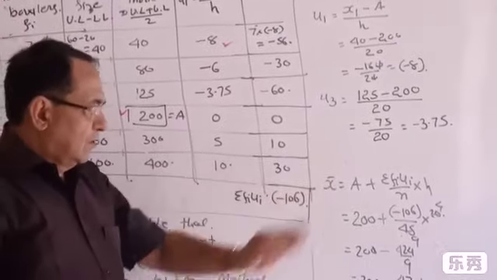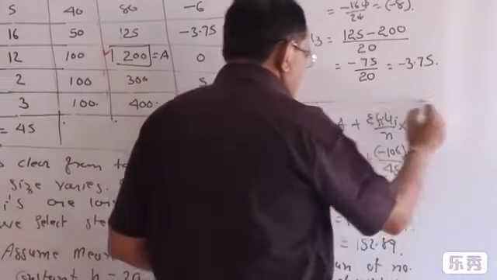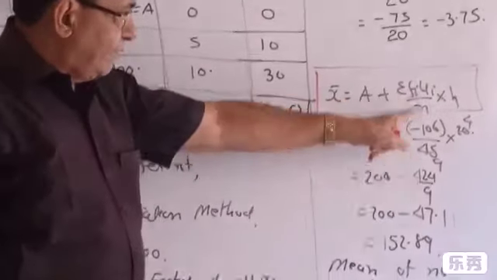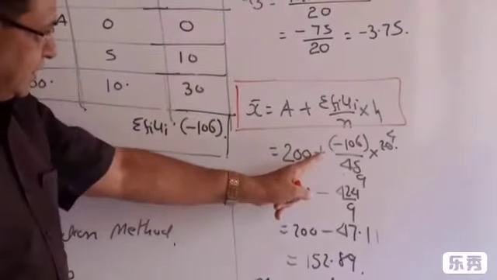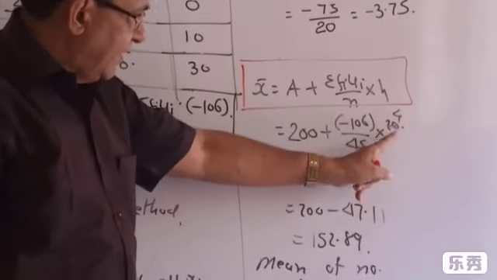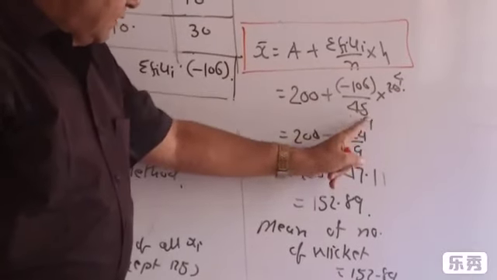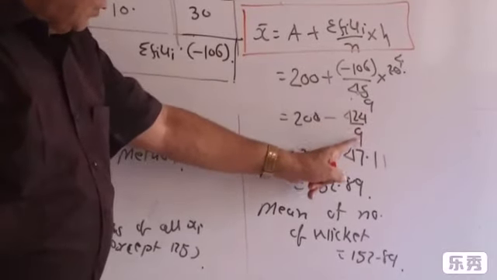Now write the formula and substitute all these values. x bar is equal to A plus sum fiui upon n into h. That is 200 plus minus 106 upon 45 multiplied by 20, which is minus 424 upon 9.